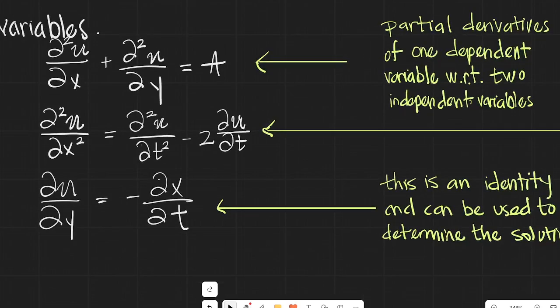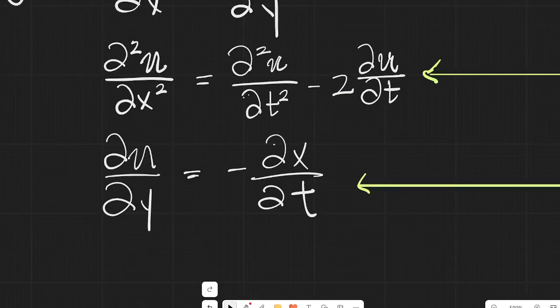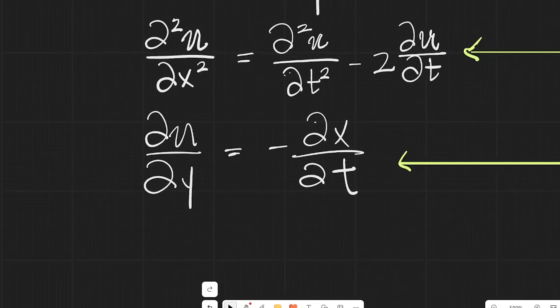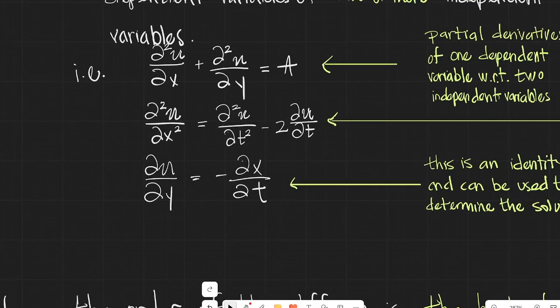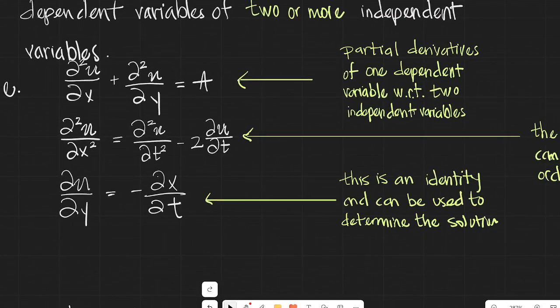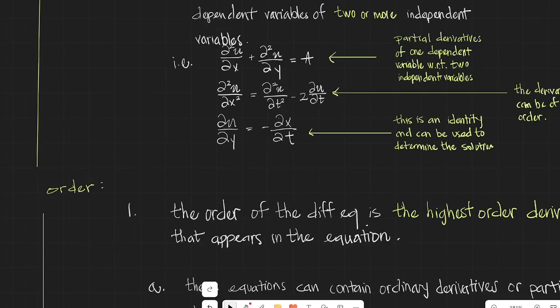And also, we can have identities, right? So we can say, oh, the partial derivative of u with respect to y is just equal to the negative of the partial derivative of x with respect to t. And you can see here that we have two independent variables and two dependent variables.